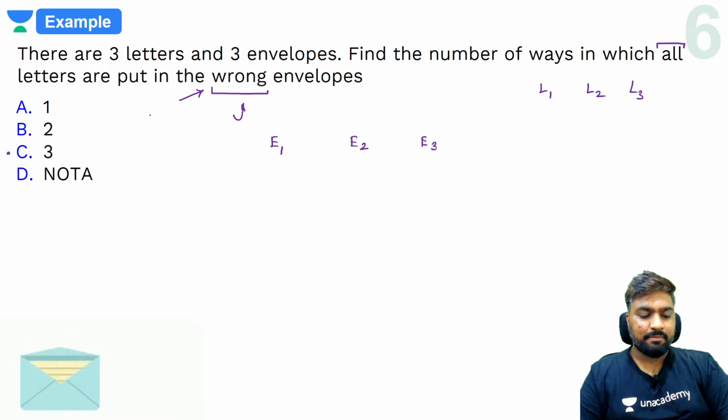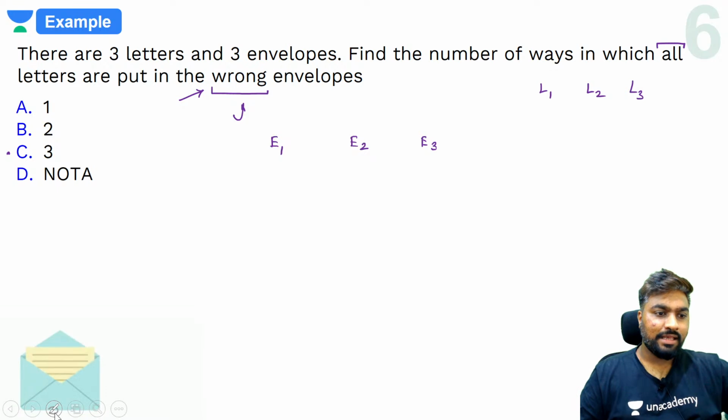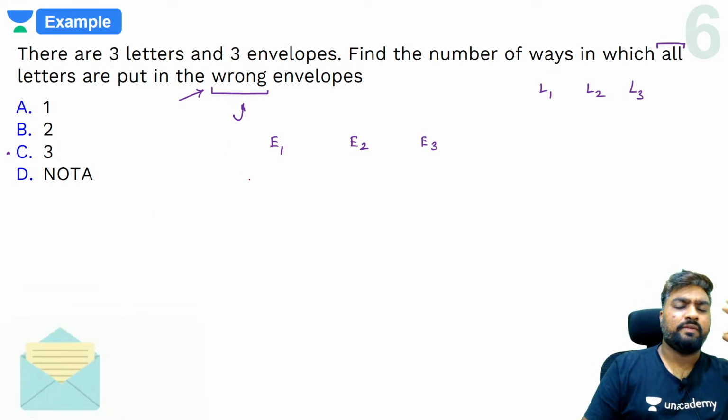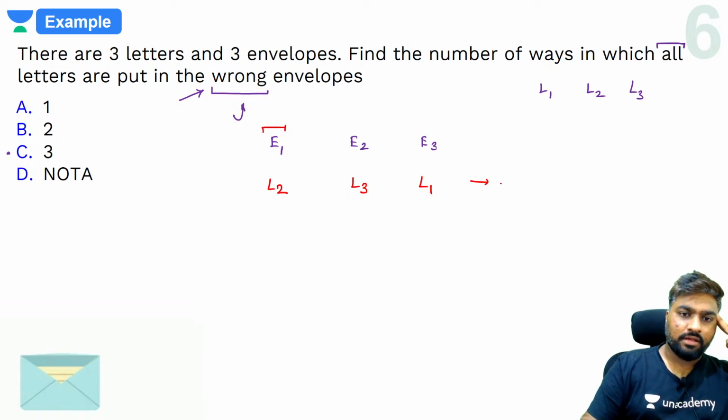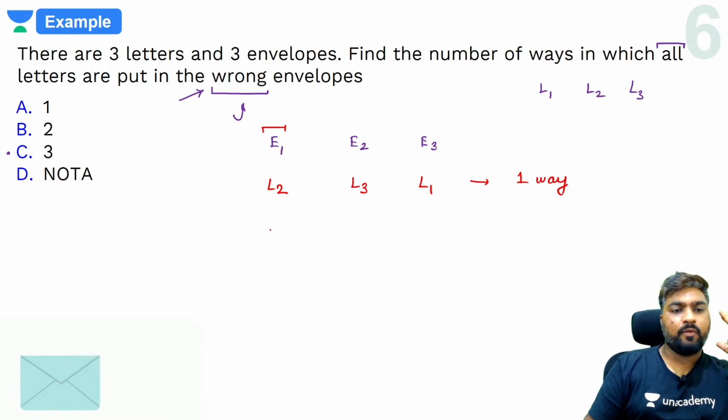Since the number is so small, we can do this manually also. Envelope 1 can take up letter 2, wrong address, so yes. Envelope 2 can take up letter 3, wrong address, yes. Envelope 3 can take up letter 1, wrong address, correct? This is one way. Do you agree with this? Envelope 1 can take up letter 3, envelope 2 can take up letter 1, envelope 3 can take up letter 2.